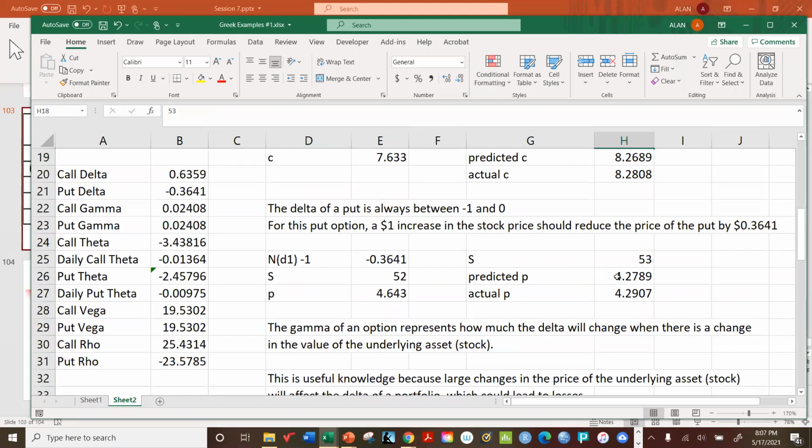With the put, you can see the difference between predicted and actual. Again, it's pretty close. I'm sure that difference is a very small percentage. Let me just quickly check this out.